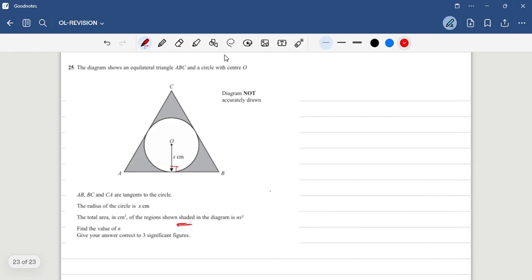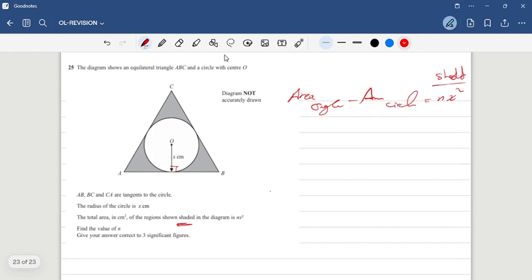And we know that the area of any shaded part will be the area of the big minus the area of the small. So area shaded will be area of triangle minus area of circle, which will equal n x squared for the shaded part.